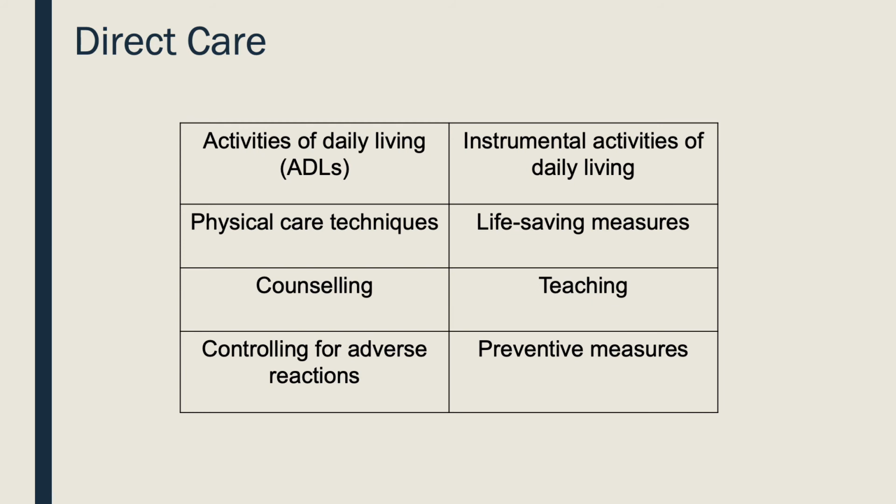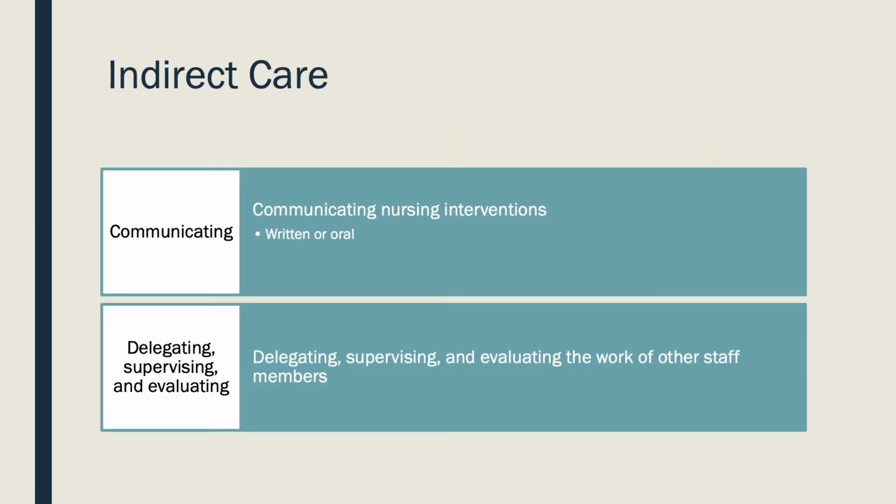Physical care techniques, life-saving measures, teaching and counseling for your patient, controlling of adverse reactions, and preventative measures. So these are all things as a nurse you will have to do directly with your patient. While the direct care nursing interventions get more recognition, indirect nursing care measures are just as important.